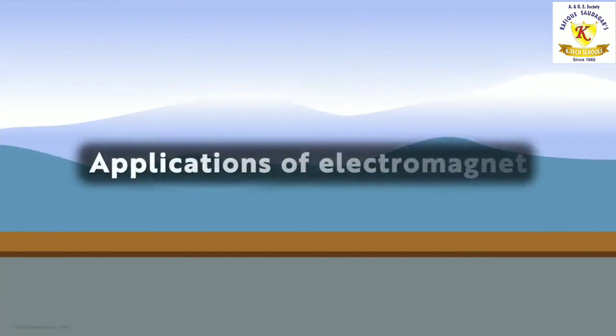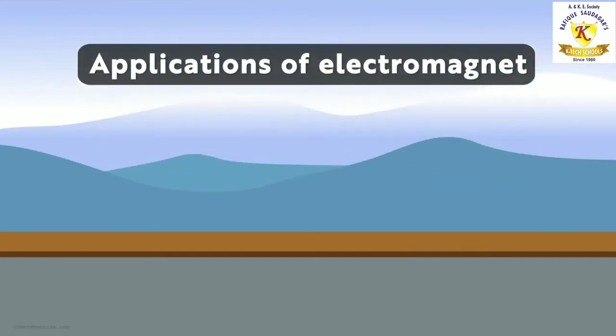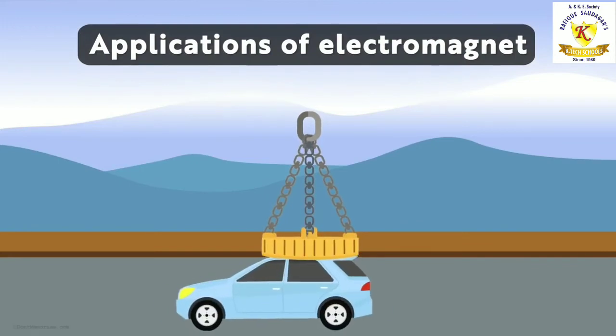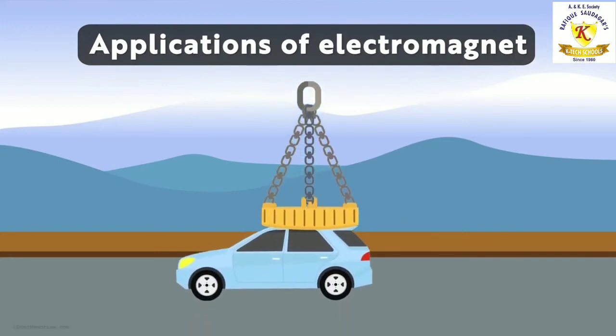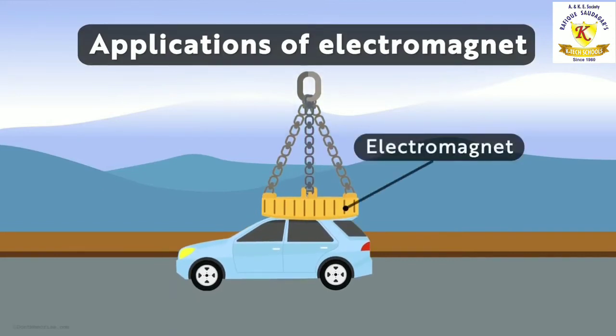Now children, we will see a few applications of electromagnets. Where do we use them? You must have seen large machines used to lift up cars. They have an electromagnet in them.